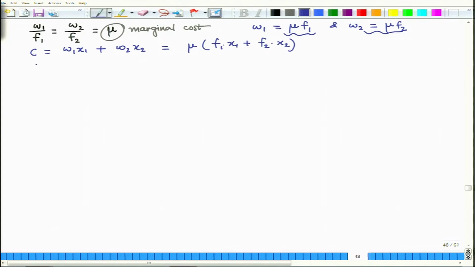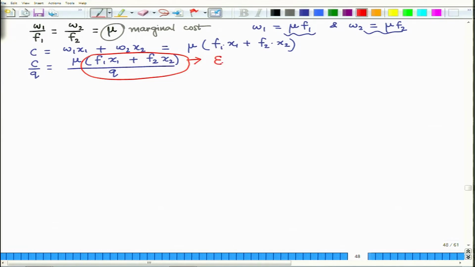So now let us divide this cost expression by the output level to get the average cost, and then we have on the other hand, right. Okay. Now note that this entity here is basically my scale elasticity of output that we have derived earlier while we were studying the production function and associated concepts, right.